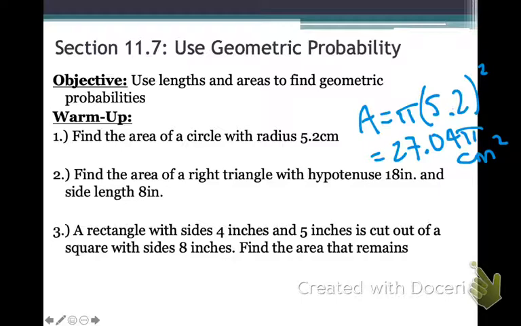Number 2, find the area of a right triangle with a hypotenuse of 18 inches and a side length of 8. Well, because I need the perpendicular height, I know my base is 8. You have to find the height there. And how are you going to do that? Yeah, Pythagorean theorem.